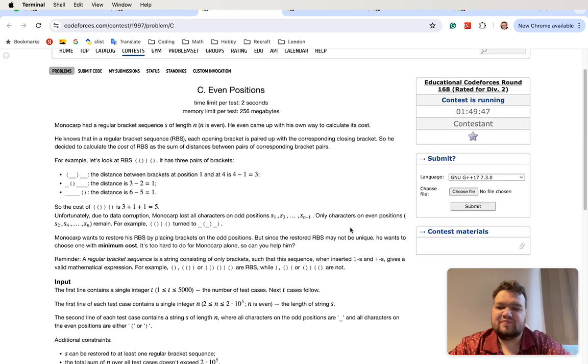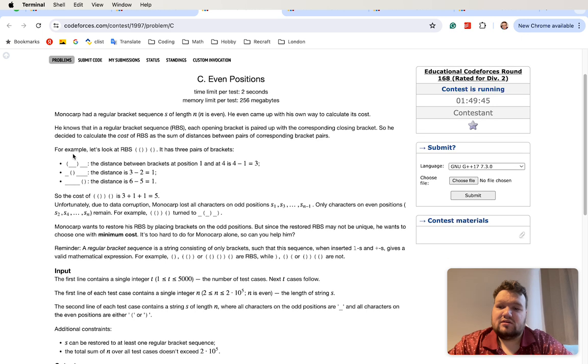Problem C. We have a regular bracket sequence of even length n, and we calculate the cost. Each opening bracket is paired to the corresponding closing bracket, so the cost is the sum of distances between pairs of corresponding brackets.